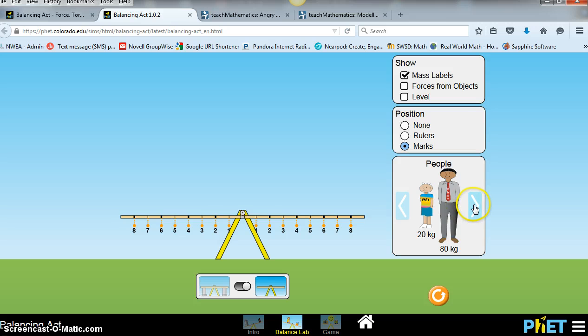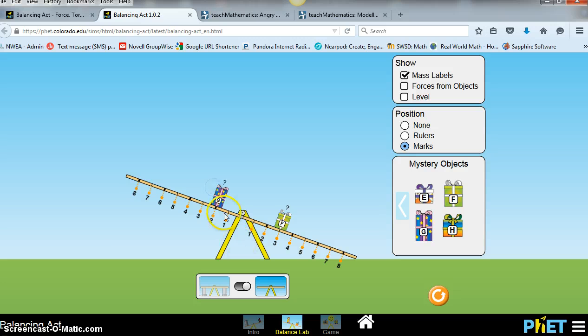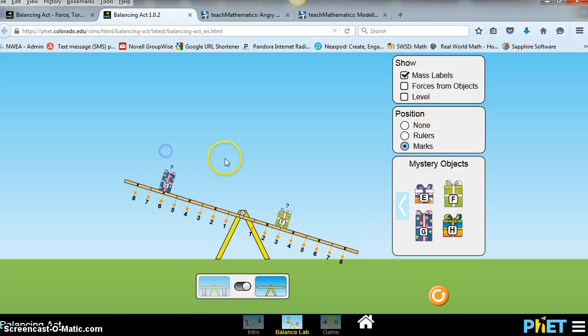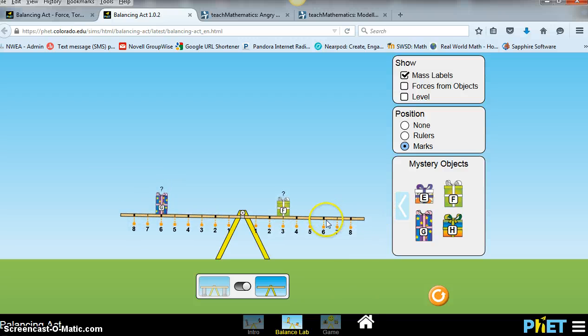Try some of the different people out, throwing them on here and trying to balance them at different locations and different distances, as well as some of the mystery objects to try to guess at how much weight is potentially in some of these boxes. Drag them on and try to balance them, move them around until you get them to create a level beam.